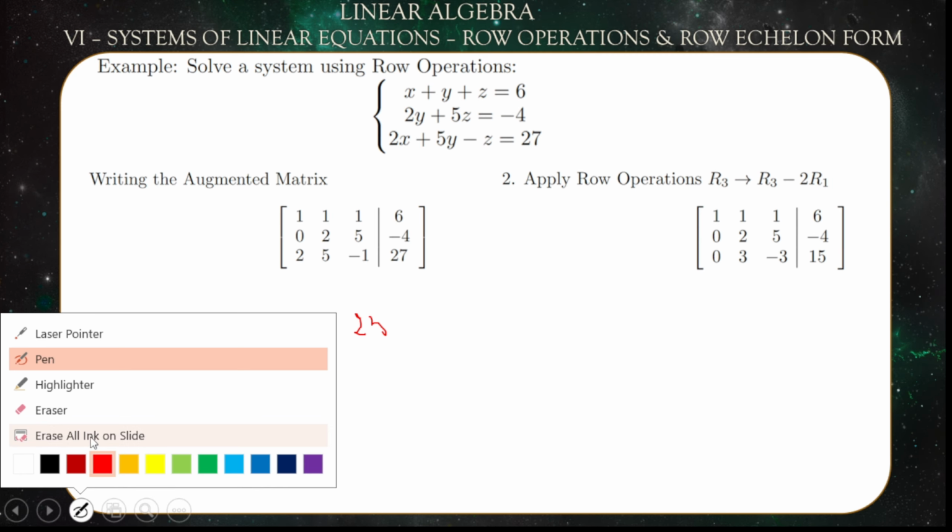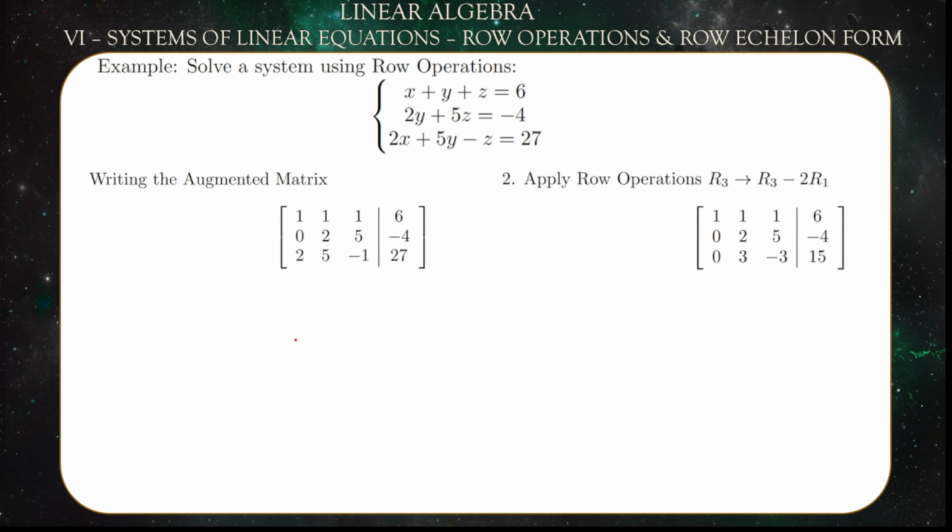So R3 is R3 minus 2 R1, which is 2, 5, minus 1, 27, minus 2 times R1, which is minus 2, minus 2, minus 2, minus 12.